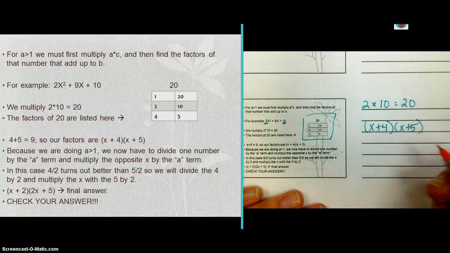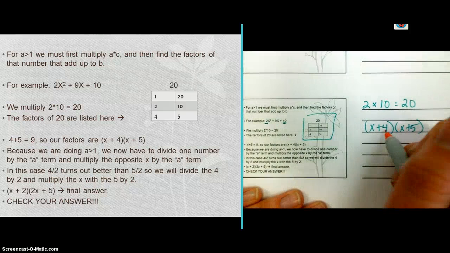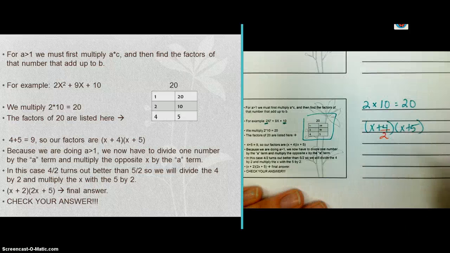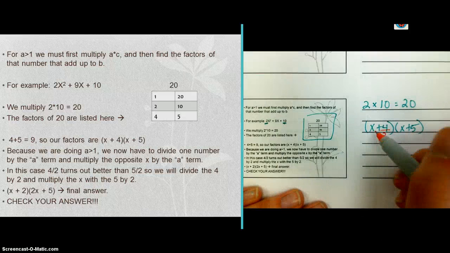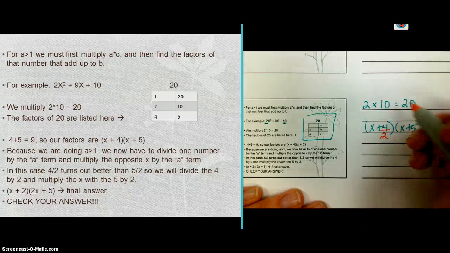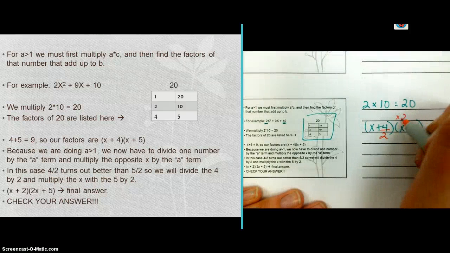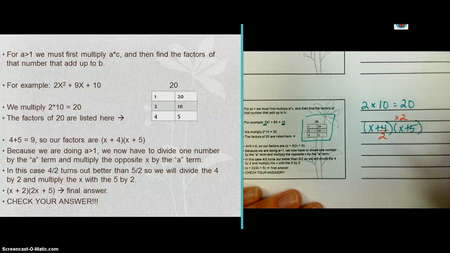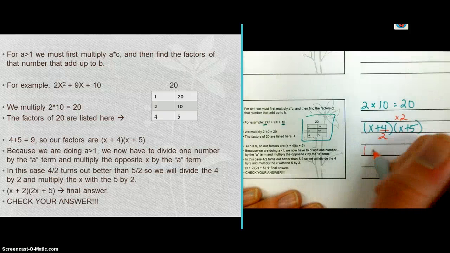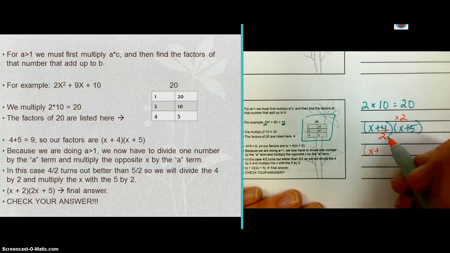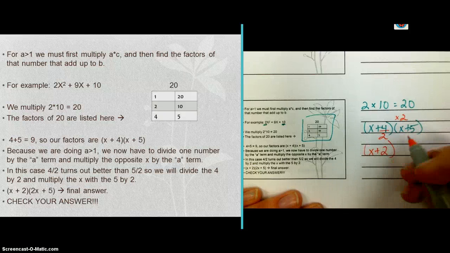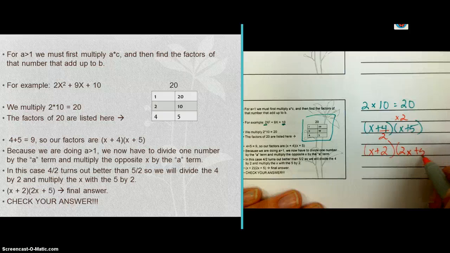Because 4 actually ends up being a whole number, I'm going to divide 4 by 2. And that means I'm going to multiply my opposite x, which is the x that's with the 5, by 2. So I'm going to multiply that x by 2. When I do that, I'm left with x plus 4 over 2 is 2. And then 2 times x is 2x plus 5.